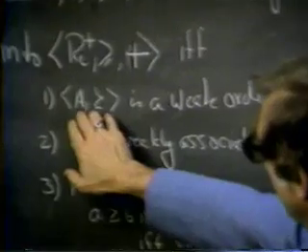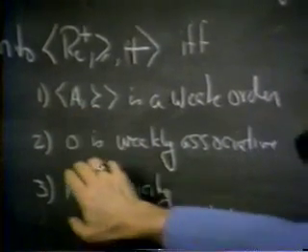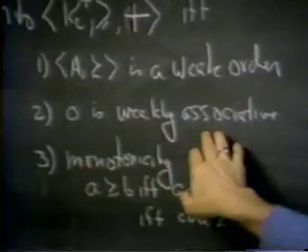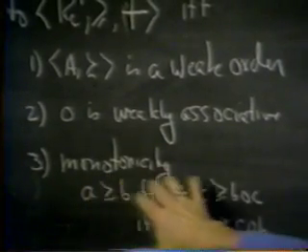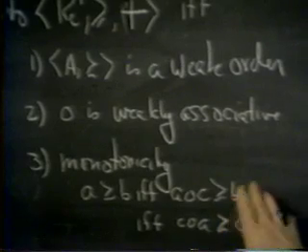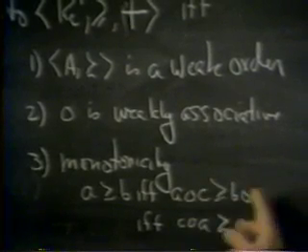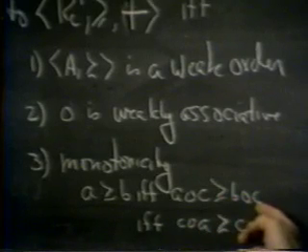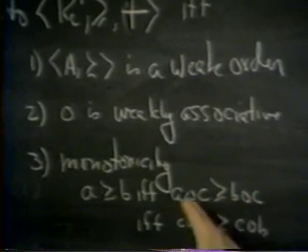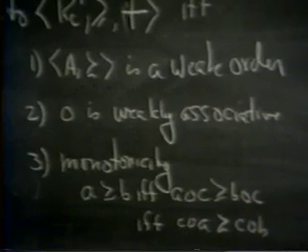That the ordering is a weak order, the operation is weakly associative, that the ordering and operation satisfy the property of monotonicity, that is, adding the same element to both sides of an inequality does not alter the inequality, and that's whether you do it from the right or the left.